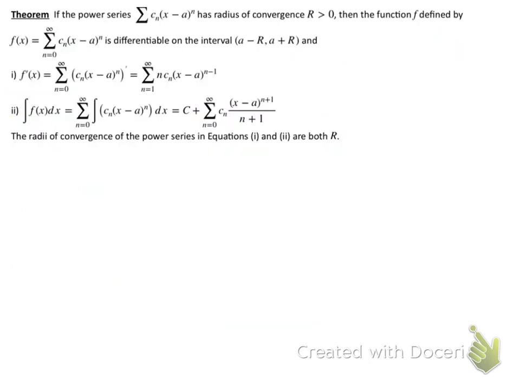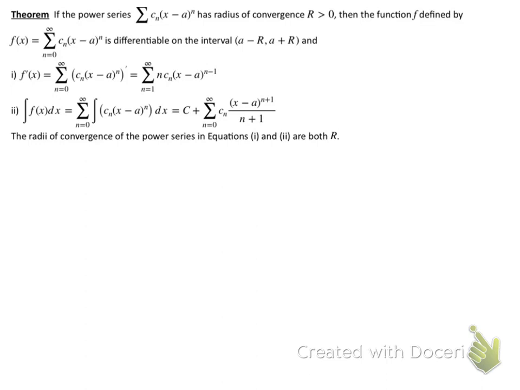The last thing for today is another theorem, a bunch of theorems. Pretty much what it says is if you have a power series that is convergent for some radius r, then on the interval that the series is convergent, you can take the derivative or the antiderivative, and it will just be the sum.